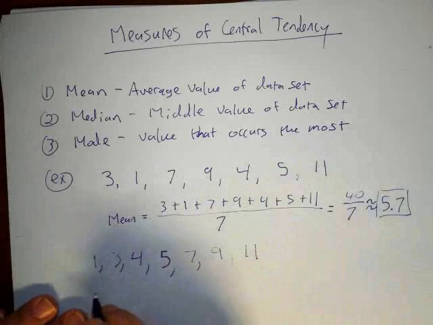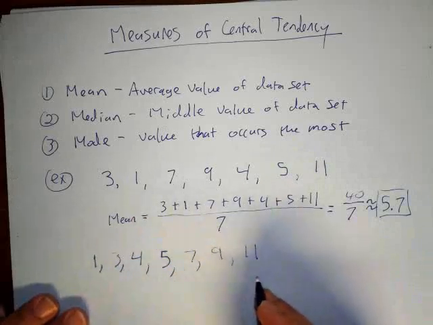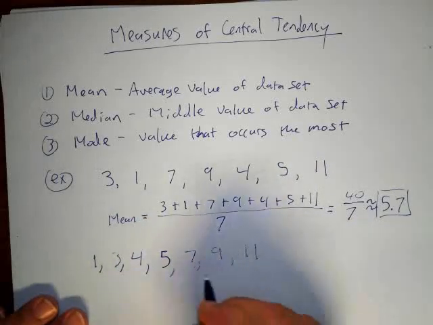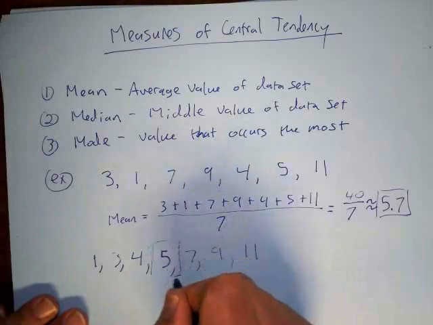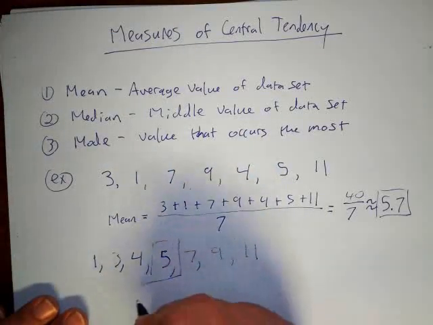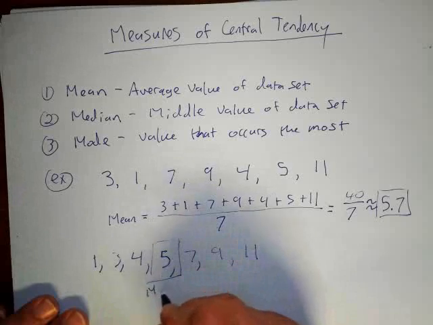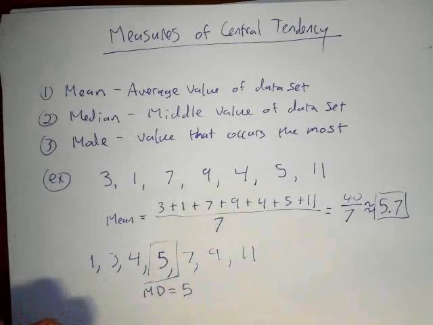Now the data is in order from least to greatest, and the median is just the value that lies in the middle. In this case, the median would be 5. I'll do MD for median, and the median is equal to 5.